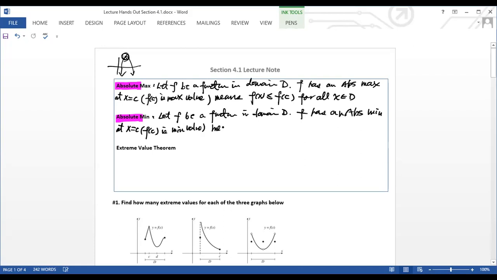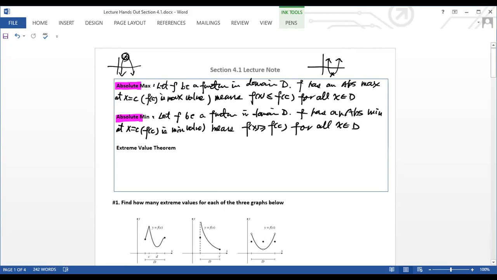So that means f of x is greater than or equal to f of c for all the x belonging to D. So if you have a function like this quadratic, then this value will be the absolute minimum value because all the other values are greater than here.